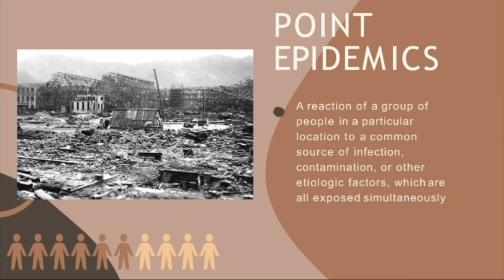Point epidemic is the reaction of a group of people in a particular location to a common source of infection, contamination, or other etiologic factors to which all are exposed almost simultaneously. An example was demonstrated by an outbreak of cholera in London and the bombing in Japan.